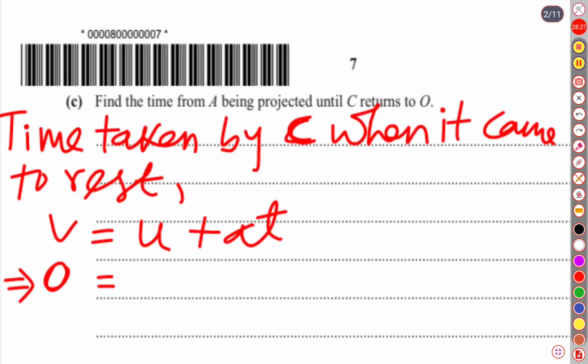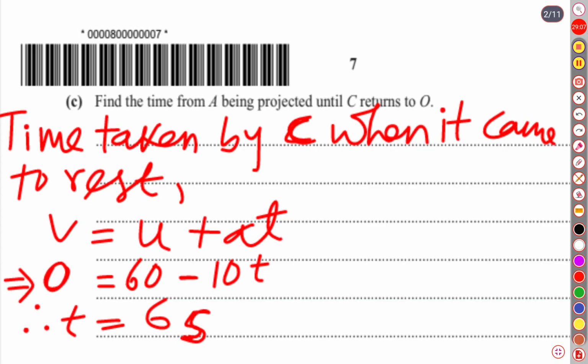So it is 60 minus, it is not plus because acceleration due to gravity acts downward while the velocity was positive, so the direction is different, that's why it's negative, 10t. Hence t is going to be 6 seconds, because 60 divided by 10 is 6.